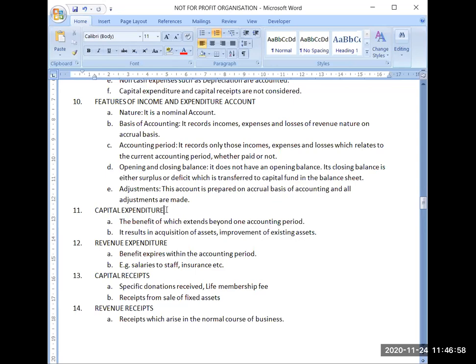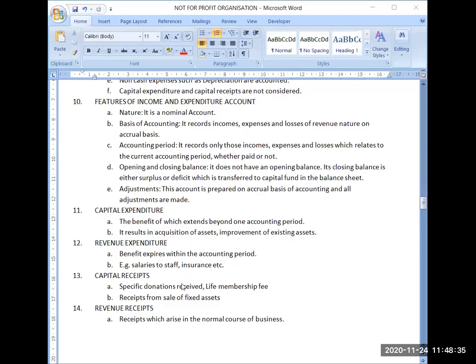Now next is capital receipts. So capital receipts means the receipts which you normally do not receive in the course of business, but once in a while. Especially for not-for-profit organization, what will be the capital receipt?